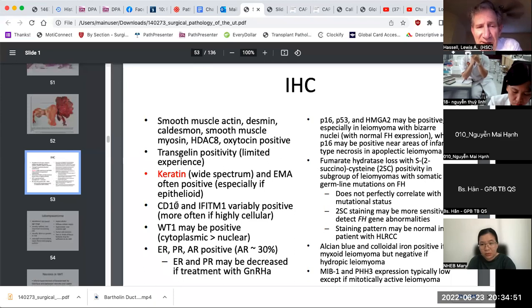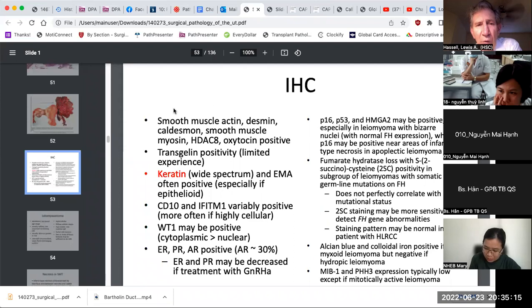So you've probably seen this, but when you're trying to distinguish between an epithelioid leiomyosarcoma and metastatic carcinoma, the keratin stain might be one of your main tools. However, if you're aware of this pitfall, you will avoid doing that.